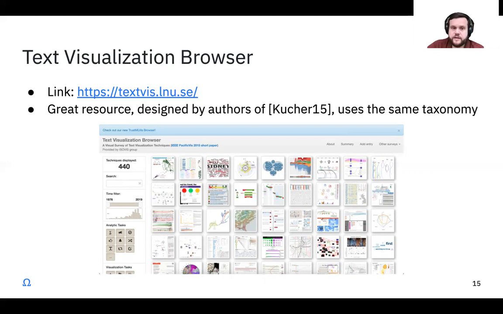So you can inspire yourself on this website, and for filtering they use exactly the same taxonomy that we have just talked about. So if you know what I've been talking about in the last slides, then you can easily filter all of these visualizations. So there's 440 of them to see what's in existence.